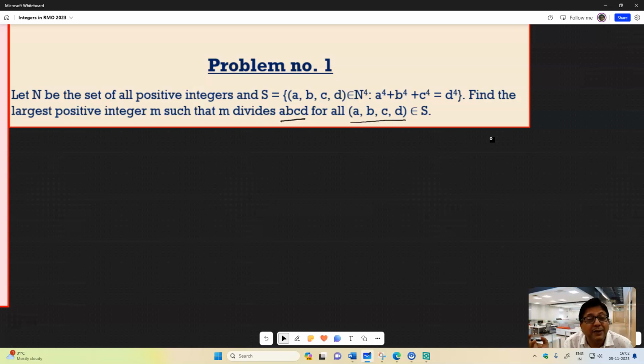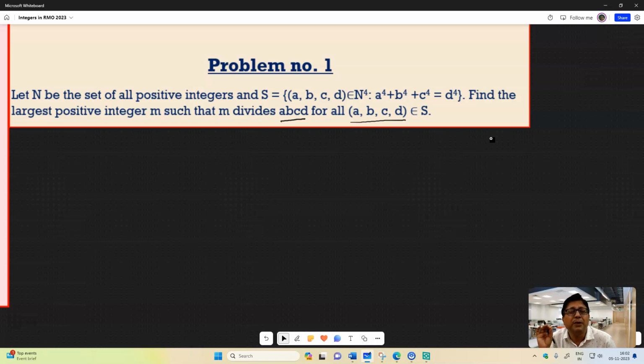Those other values may be many in between 21 and 2121. But the largest positive integer will divide 21 first and then other numbers up to 2121. So you have to find actually the minimum possible value of A into B into C into D.